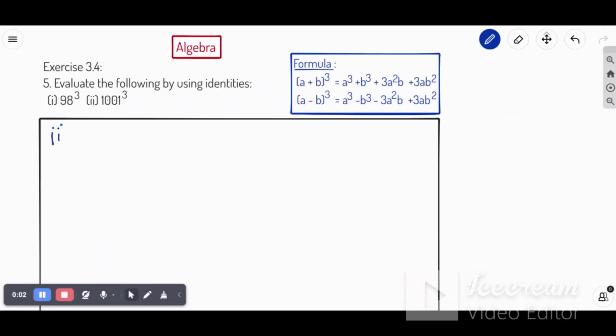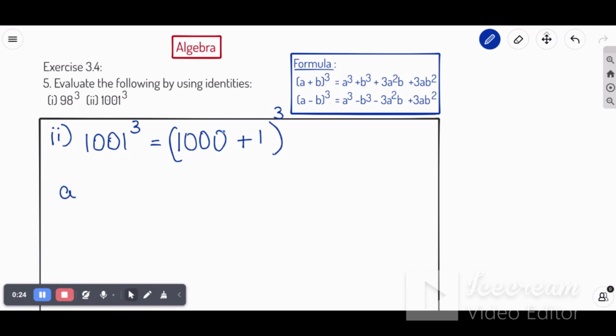So the next question is 1001 the whole cube. So here also we can write this 1001 as 1000 plus 1 the whole cube. Now if you identify this is of the form a plus b the whole cube. So we know the formula.